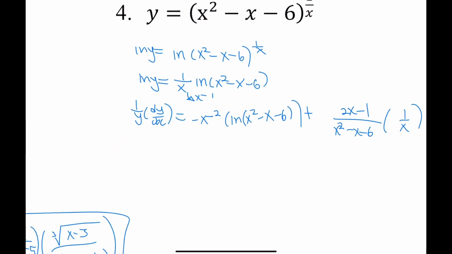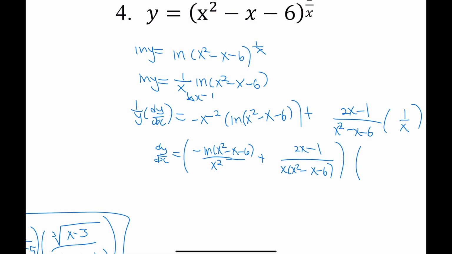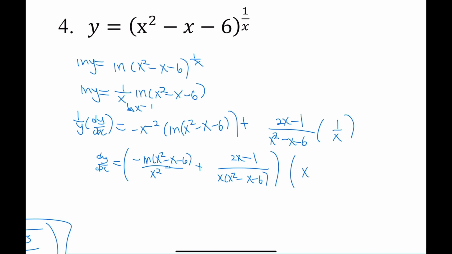Let's see if we can try to do something with this. dy over dx would basically equal this whole thing multiplied by y, which would basically be (x squared minus x minus 6) to the power of 1 over x.